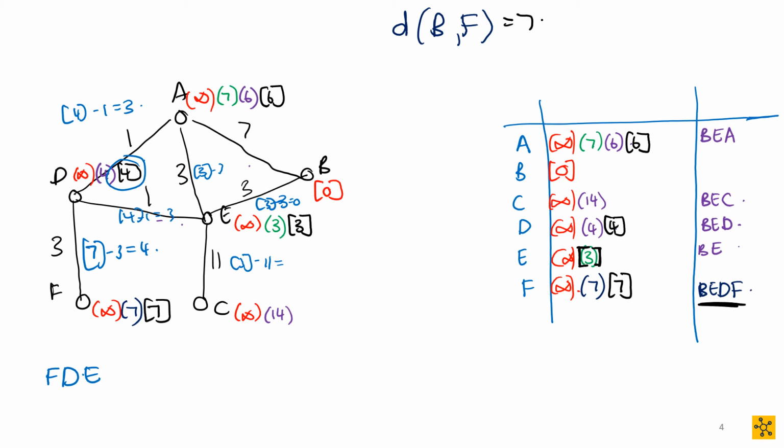That 0 matches the potential of B, so you did go in that direction. So when it matches the potential, you go in that direction. And then you would have had FDEB, and you would have just switched it around to get BEDF as the path that you took to get from B to F, which is the shortest path.